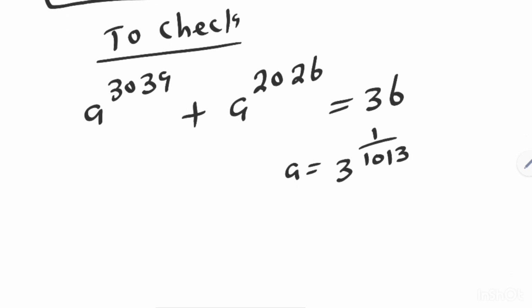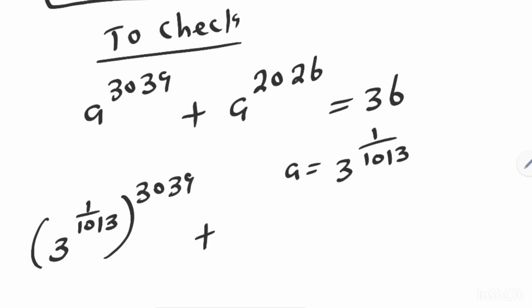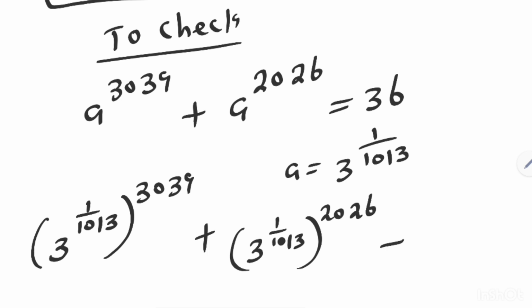Then this is 3 raised to power 1 over 1013 raised to the power of 3039 plus 3 raised to power 1 over 1013 raised to the power of 2026 must be equal to 36.